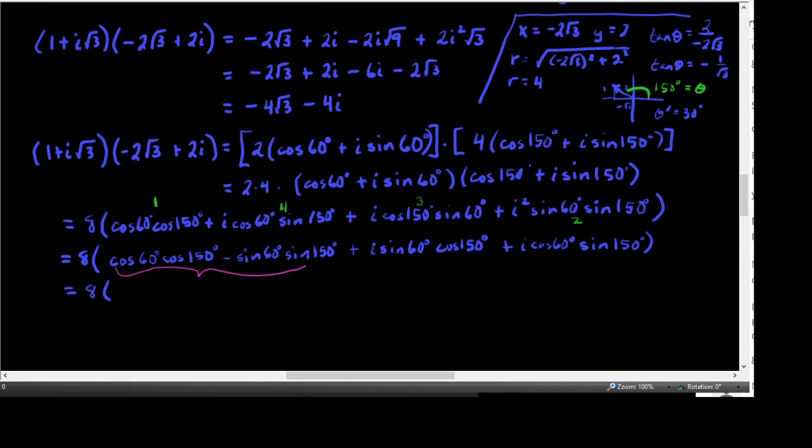Cosine of something times the cosine of the second something, change the sign, sine of the first thing, sine of the second thing. Hopefully that's ringing a bell for you. That is the cosine of the first angle. The sign was changed, so plus the second angle. That's an identity that we learned earlier.